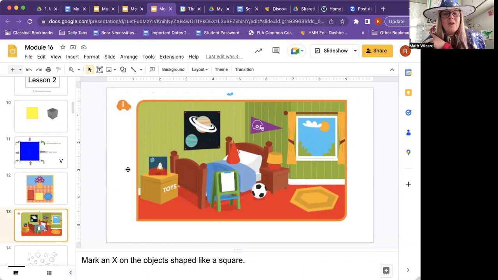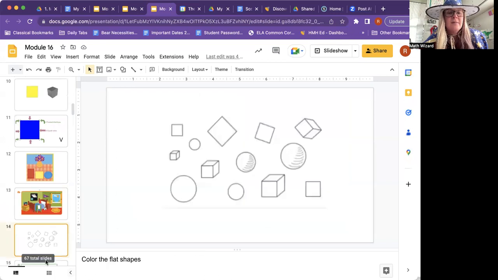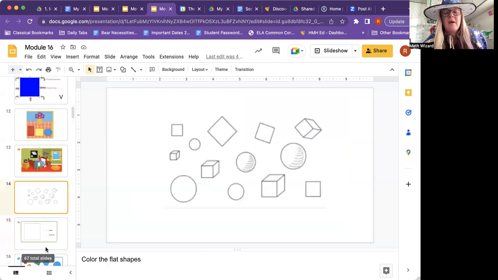So you're not going to want to X that one. So find the X's that have objects that are shaped like a square. Keep in mind 4 equal sides and 4 vertices or 4 corners. All right, you can pause this while you do that.